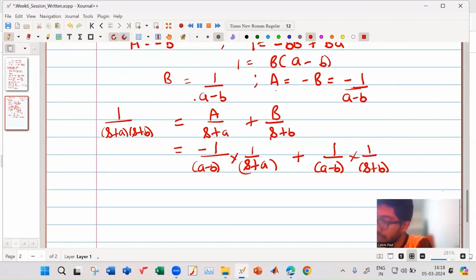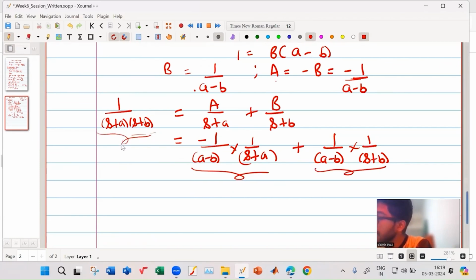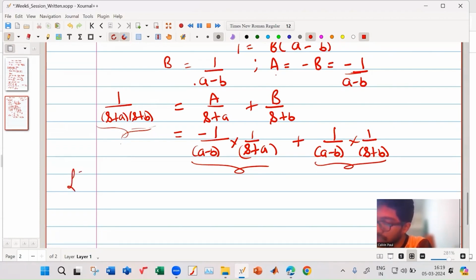Now I have written this equation in this simple format, so I can take the Laplace inverse. I take the Laplace inverse of 1 upon (S plus A) into (S plus B).